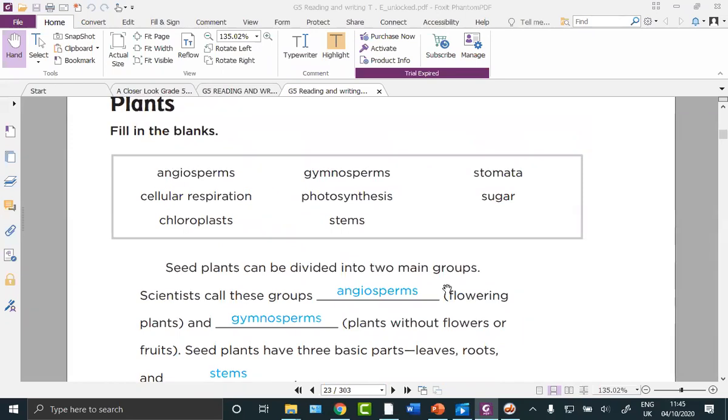Okay. Who can read now? Me. Yes, you can.